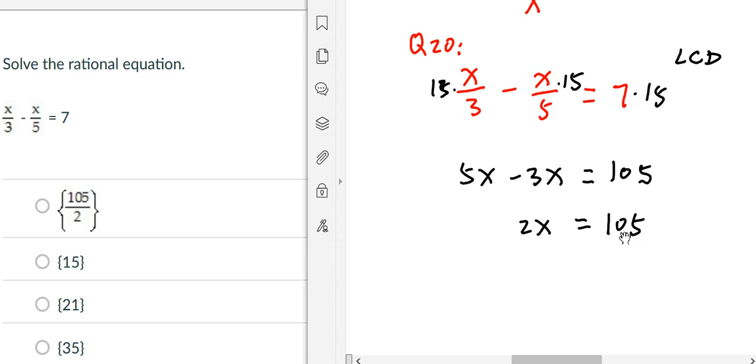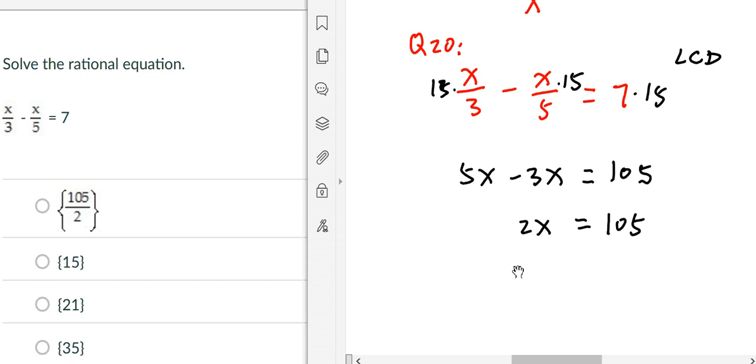And then here you have a 105, and then both sides divided by 2. And you will have the answer, which is 105 divided by 2.